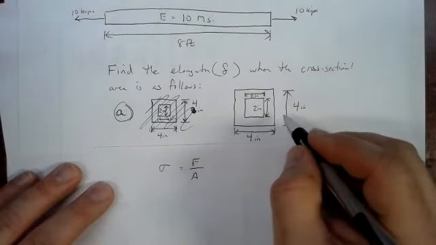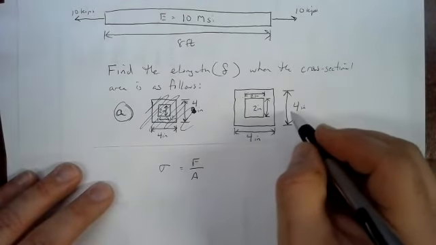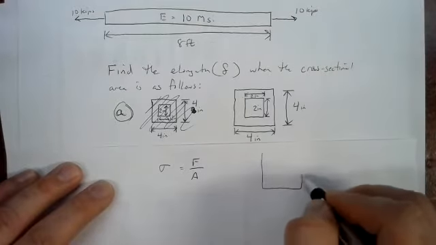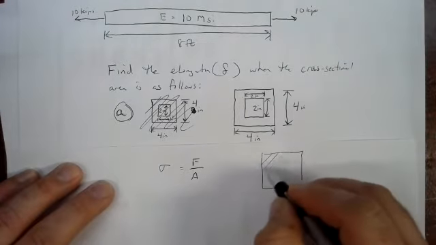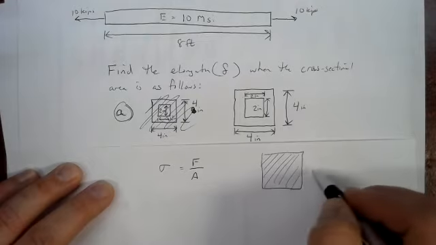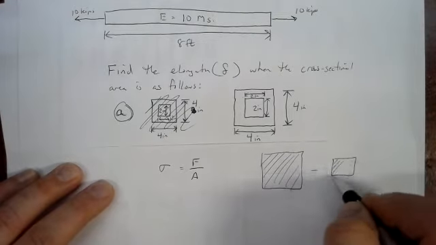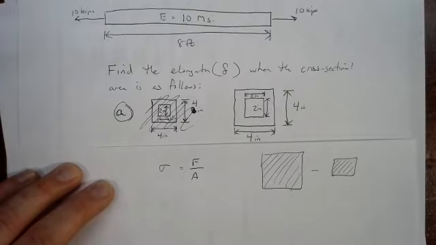The way to think about dealing with areas that are missing sections is to figure out the area of the whole thing and then subtract out the area of the inside of the piece that's missing. That's how we create a hollow section.